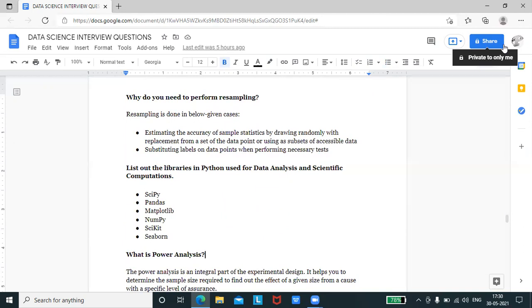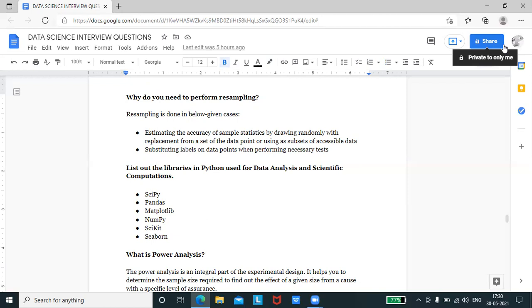The most popular libraries are listed out. Python, since it's a general purpose language and is often used for things other than data analysis and data science, makes Python extremely useful for working with data.